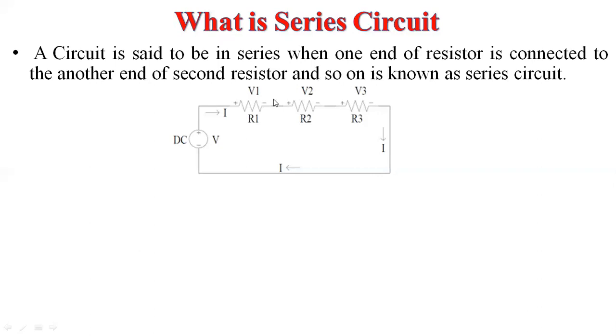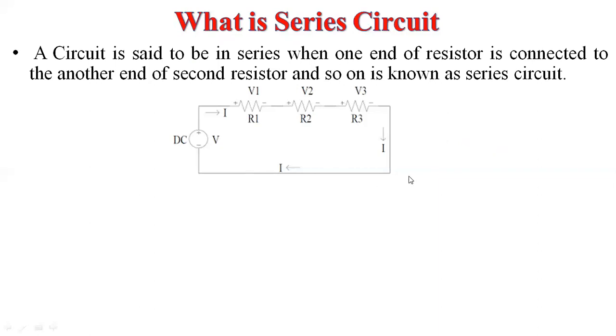Suppose this is the end terminal of one resistor, and this end terminal is connected to the starting end of another resistor, say resistance R2. So this is named as a series circuit.